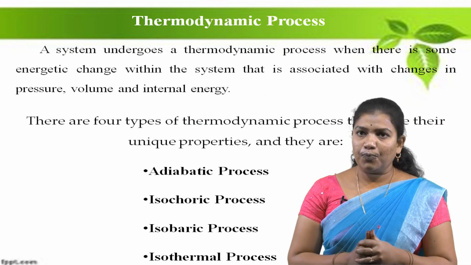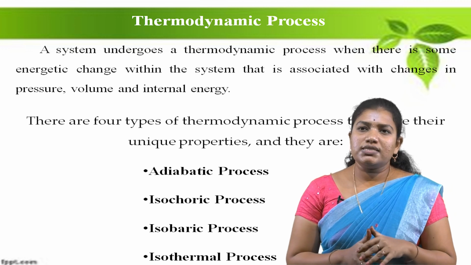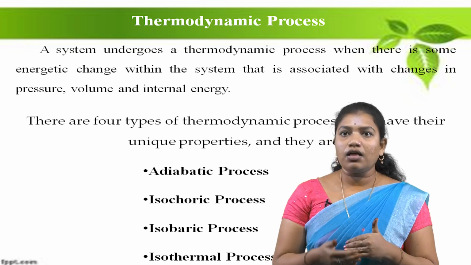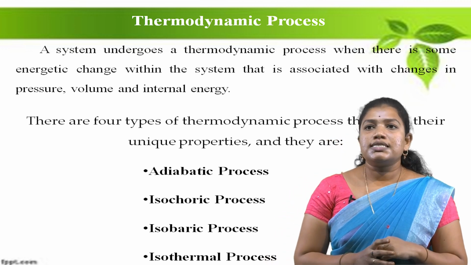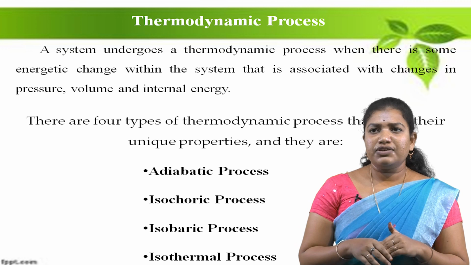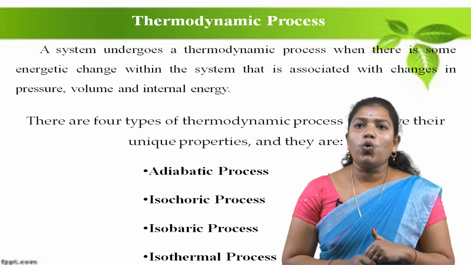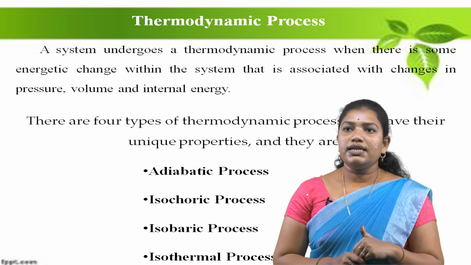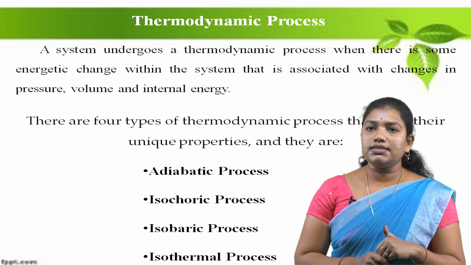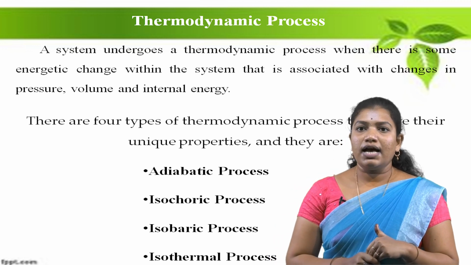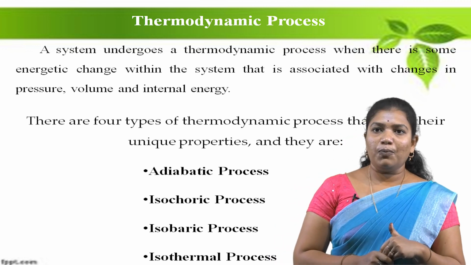Next, thermodynamic process. A system undergoes a thermodynamic process when there is some energetic change within the system that is associated with a change in pressure, volume and internal energy. There are 4 types of thermodynamic process that have their unique properties: the adiabatic process, isochoric process, isobaric process and isothermal process.